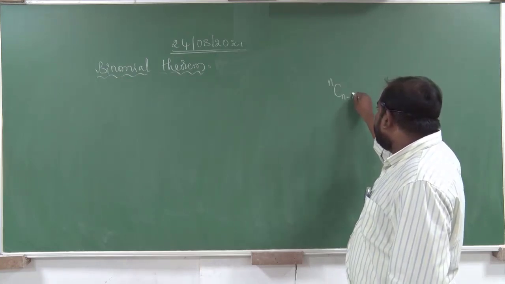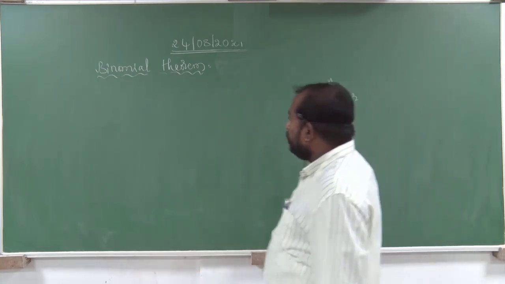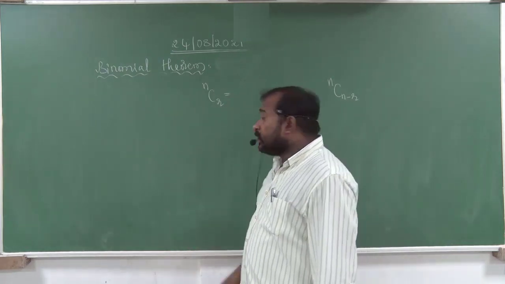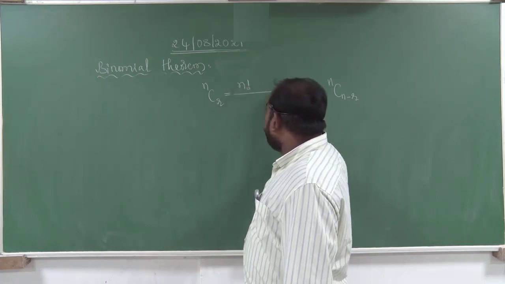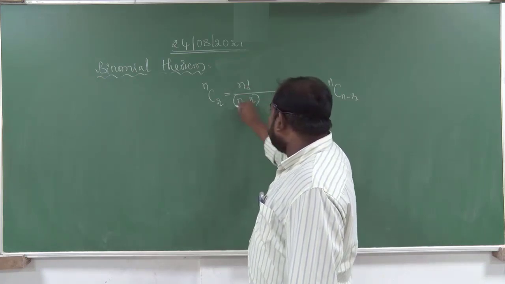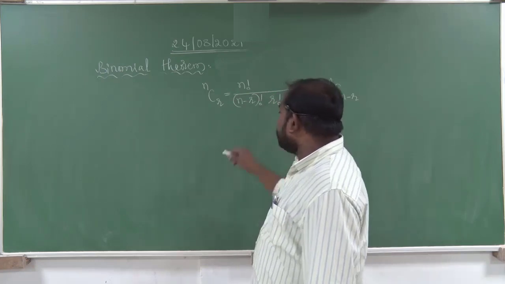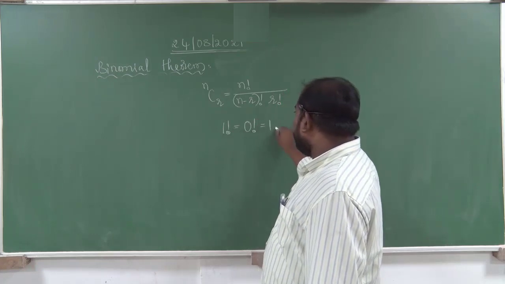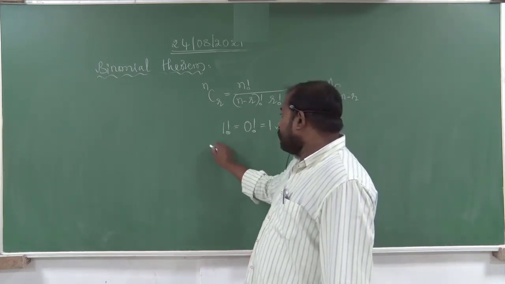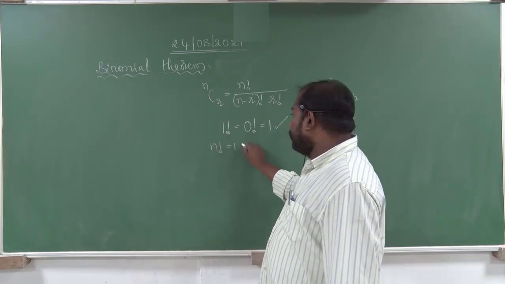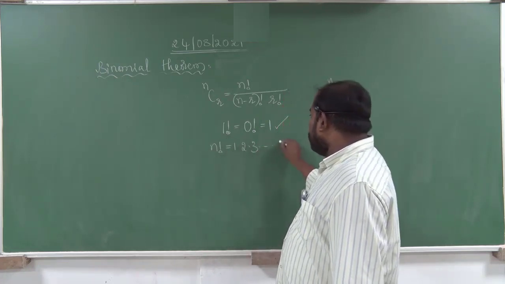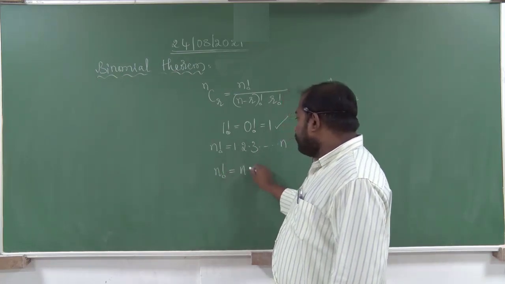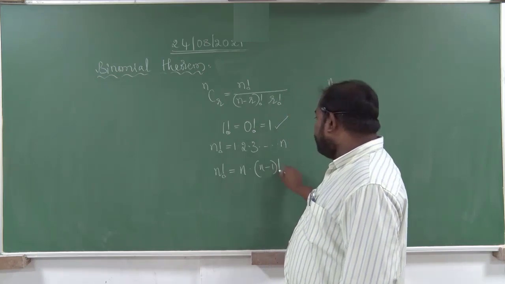What is the value of nC(n minus r)? Already we know the nCr formula: n factorial by (n minus r) factorial into r factorial. Here 1 factorial is equal to 0 factorial is equal to 1. Also, n factorial means 1 into 2 into 3 up to n, and the n factorial formula is n into (n minus 1) factorial.